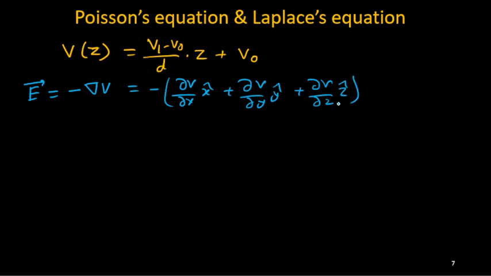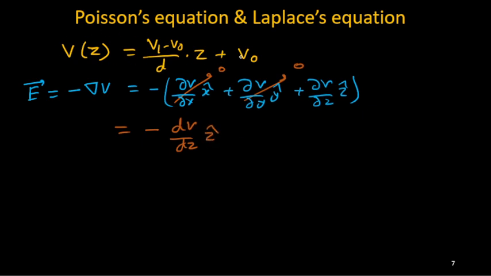Now here you can see that V is not a function of X, not a function of Y. So this part is becoming 0, this is becoming 0, this is becoming 0. Only it is having along Z direction. And what is del V del Z? So I can write minus dV dz along Z vector.